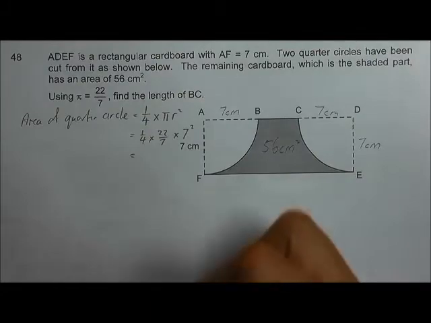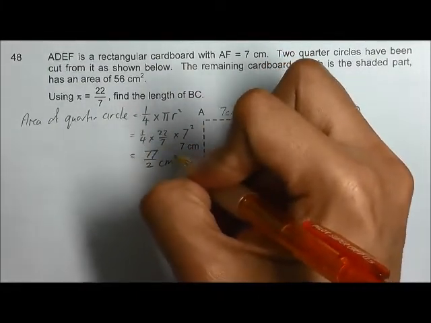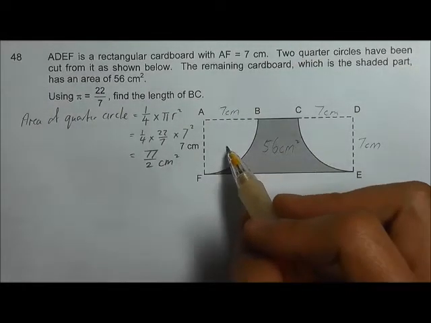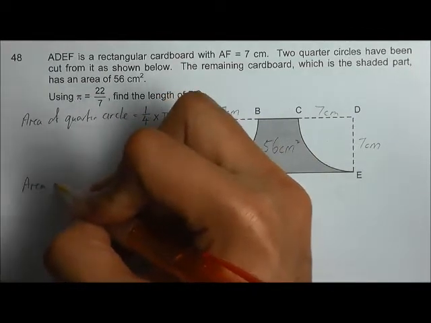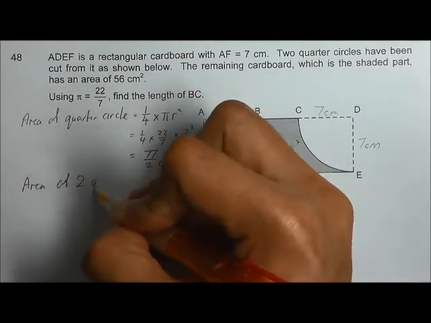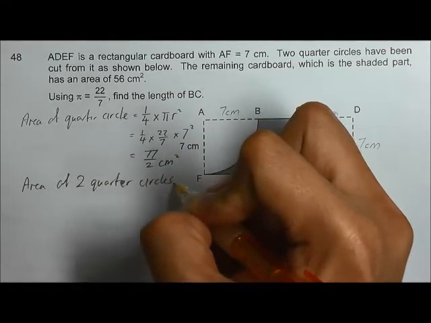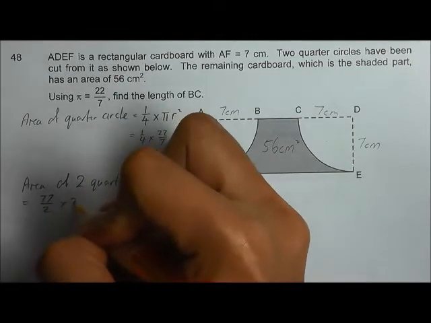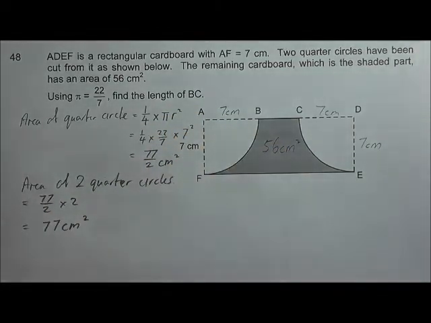We will get 77 over 2 cm square. So now we want to find the area of both quarter circles. So the area of 2 quarter circles will be 77 over 2 times 2. That will be 77 cm square.